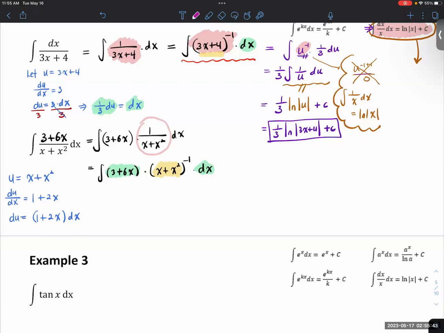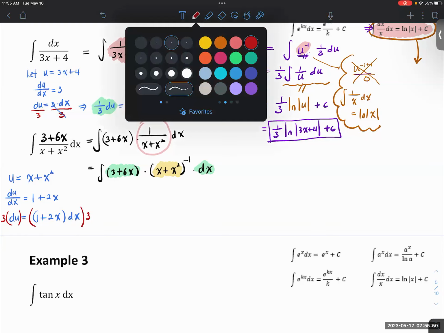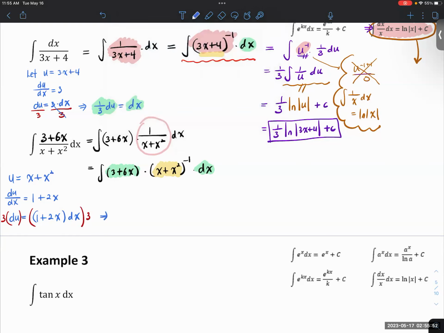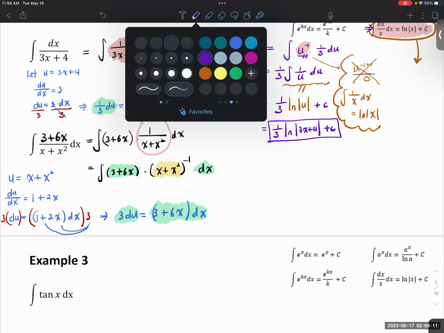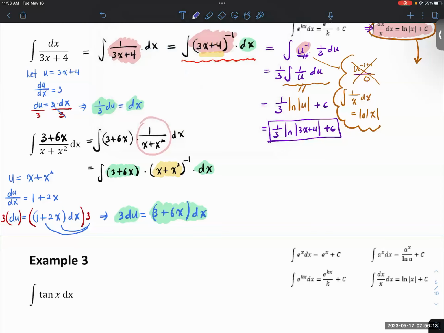What if I multiply by 3? What happened? It is going to be 3 du, using the distributive property: 3 plus 6x times dx will be 3 du. Awesome, awesome, awesome. So now you have all the information.